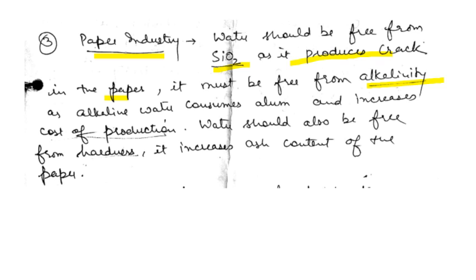It should be free from alkalinity because alkaline water consumes alum and increases the cost of production. Water should also be free from hardness because it increases the ash content of the paper. If hardness is higher, when we burn the paper, the ash content becomes more, which is not good. It affects the quality of the paper.